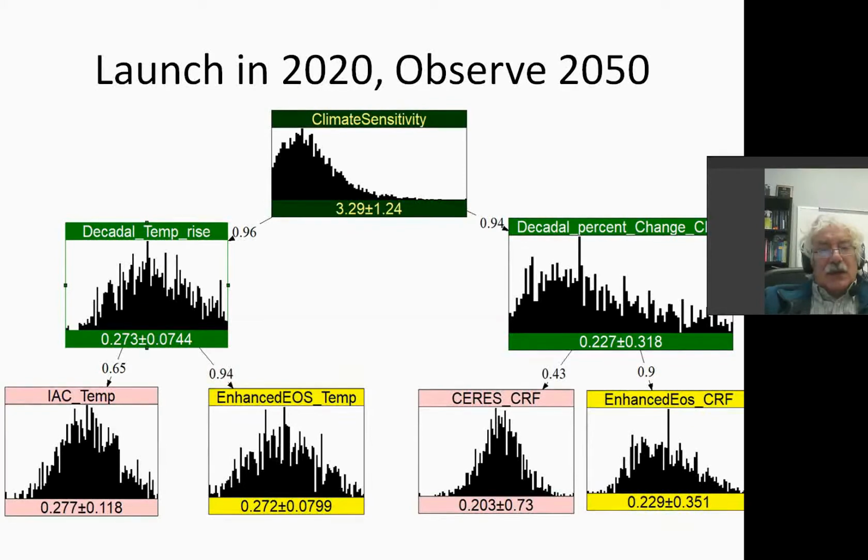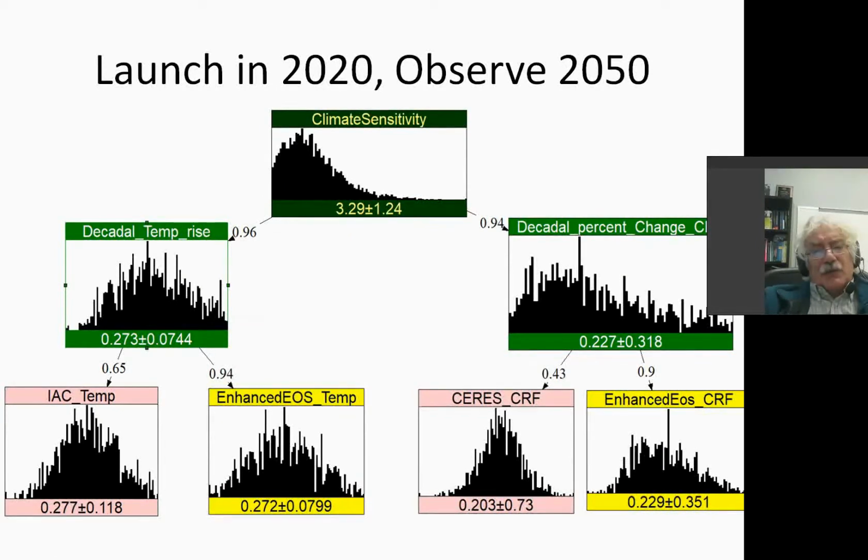So you see that the correlation between the climate sensitivity and the proxy variable, decadal temperature rise, is 0.96. So this is a fairly strong correlation. Over here, it's 0.94. So that means after 30 years, these proxies are pretty good in terms of measuring climate sensitivity, even taking account of the natural variability.